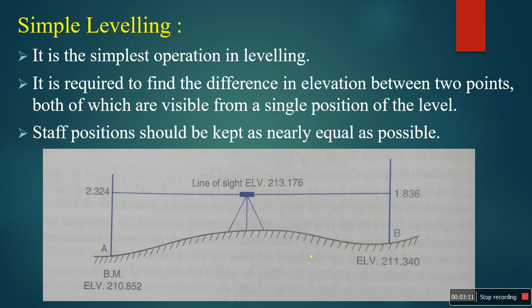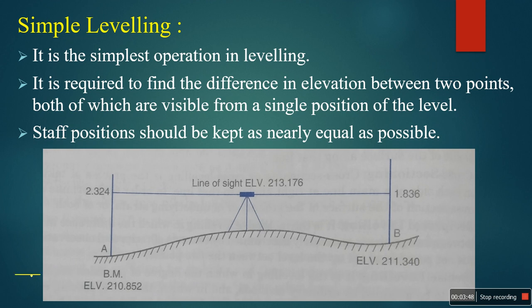So what is the procedure? First set up your instrument here. This is our A point, this is our B point. Here they have given that this is our datum. Datum means benchmark. If you consider the benchmark, we must know the elevation of that benchmark, that is, at this level what is the elevation of this A point.